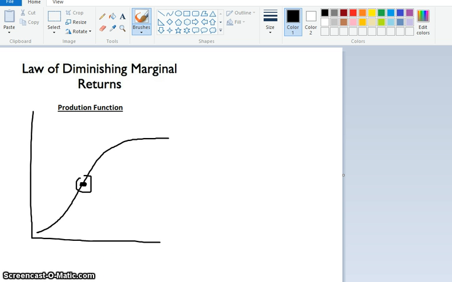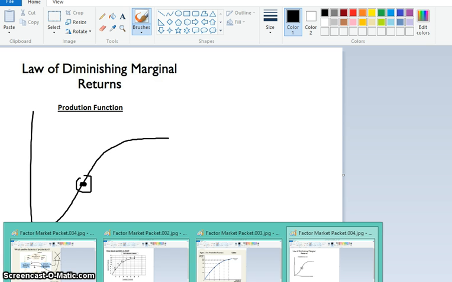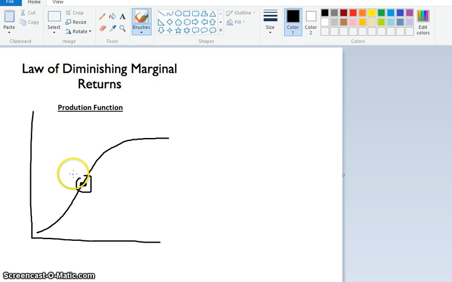And if you're confused as to how this might work with a machine, think about it. Say you have 10 workers, but you have 100 machines, you can't utilize those machines, right? Having that 100th machine, there's no worker to man it to produce anything. So once you start purchasing that 100th machine out here, you're not getting very much productivity.